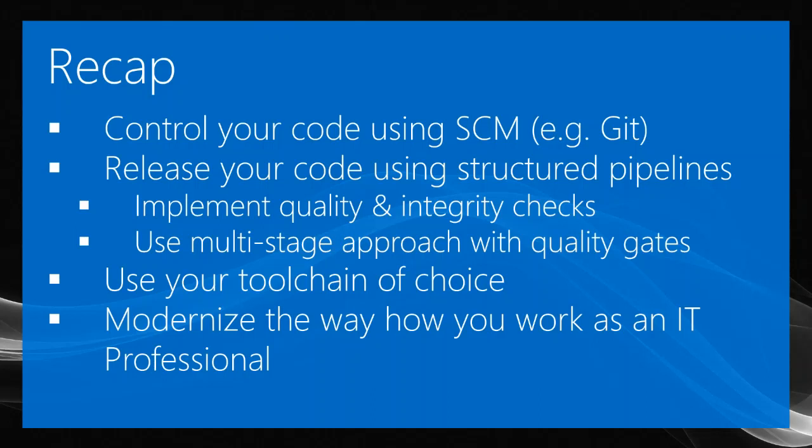And then to release your code, especially now focusing on ARM templates, make sure that you have a very structured process that contains all the different steps that you need to properly quality check your code, to then maybe release your code to some dev or staging environment before it finally hits your production environment.